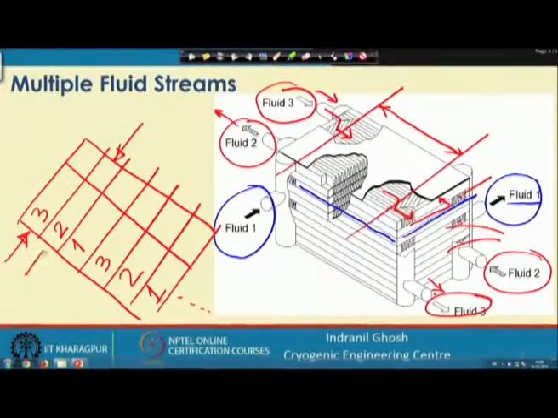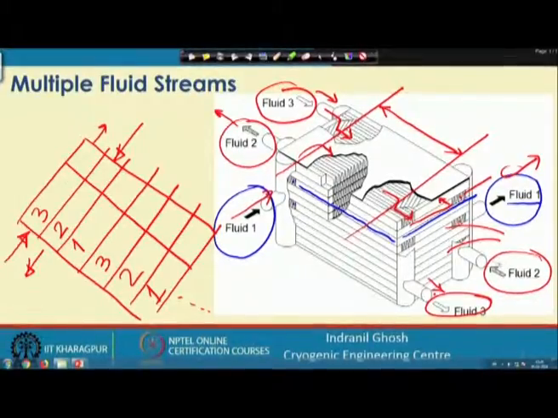What about fluid stream 1? Here, though fluid stream 1 looks like a cross flow arrangement, immediately after going inside it will take a turn, and finally it will move out from this side. What about fluid 2?